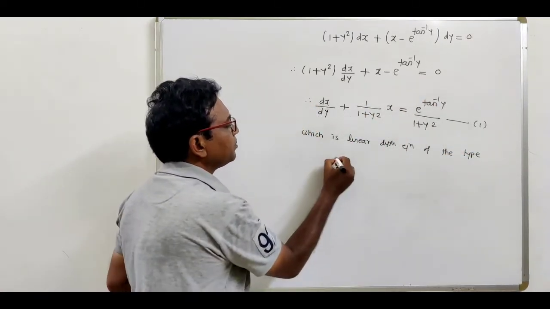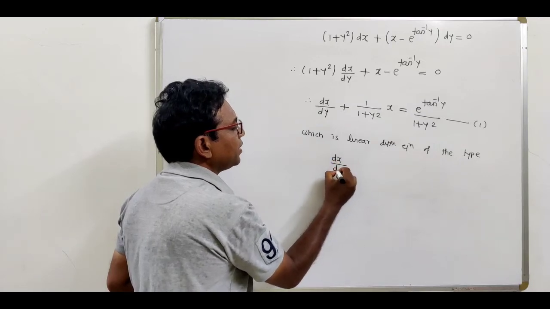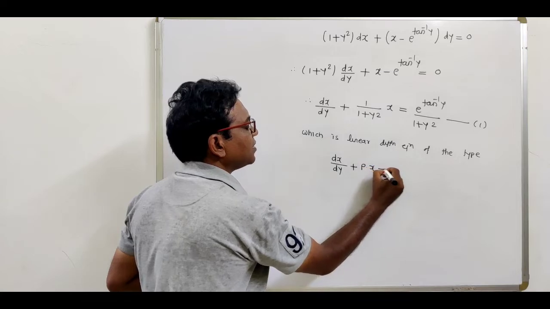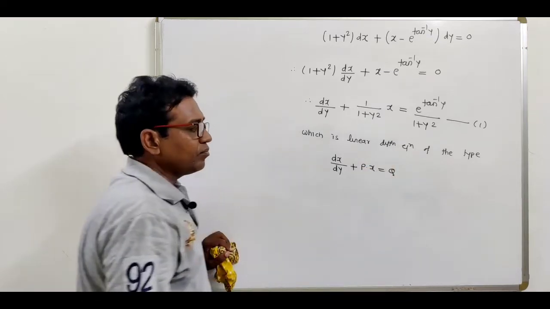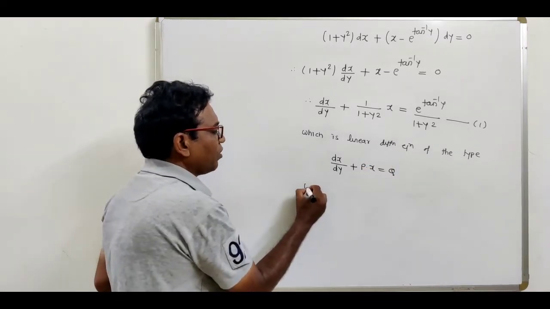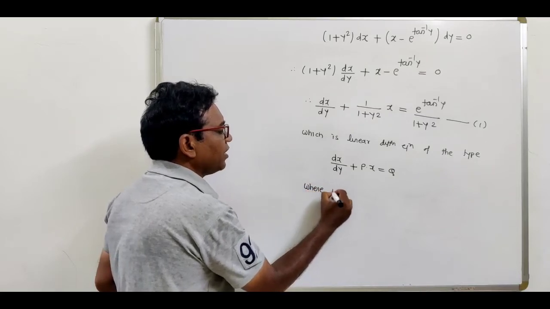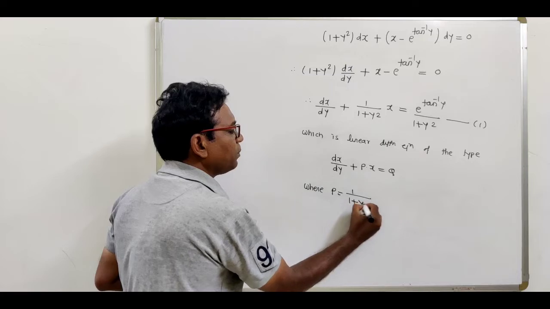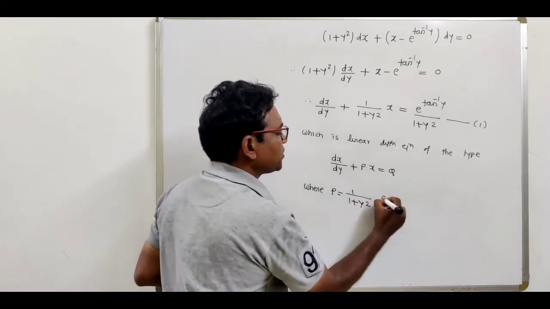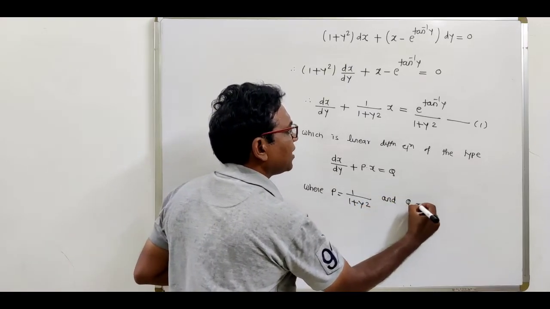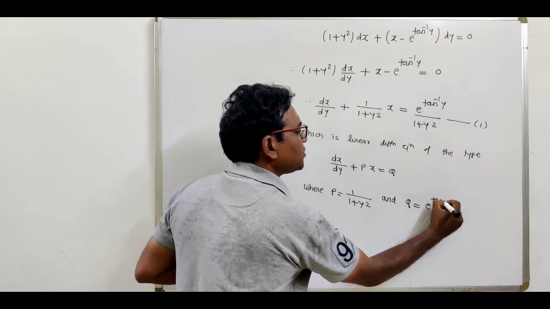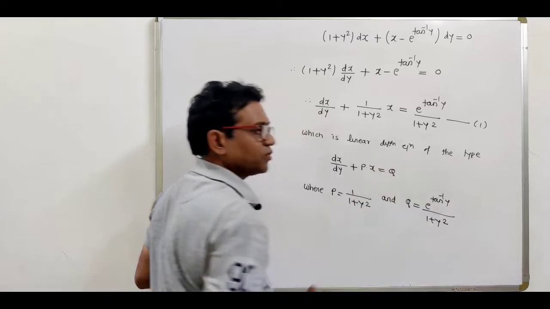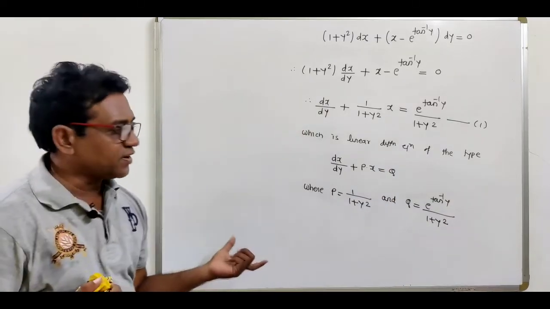And what is the type? This is the standard type, dx by dy plus p into x is equal to q. Where p means the coefficient of x, this is 1 upon 1 plus y square, and q means the right hand side, that is e raised to tan inverse y divided by 1 plus y square. So this is our first step.